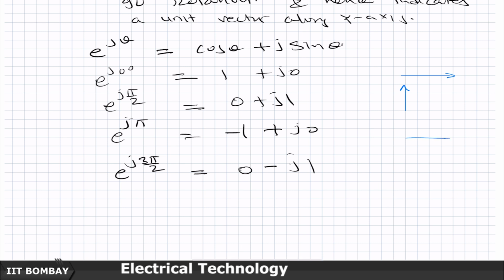The third one is a unit length vector like this, the minus 1, so the direction has changed, and the fourth one is a unit length vector along the y axis, because the angle is 3 pi by 2.